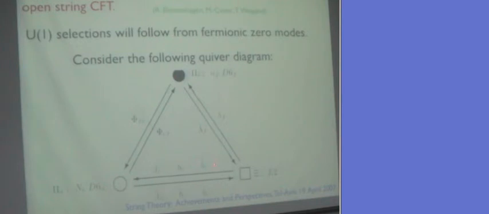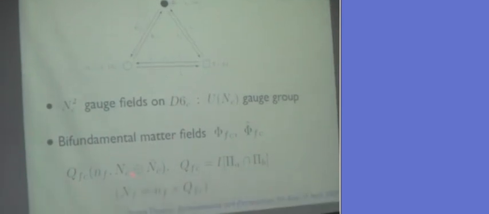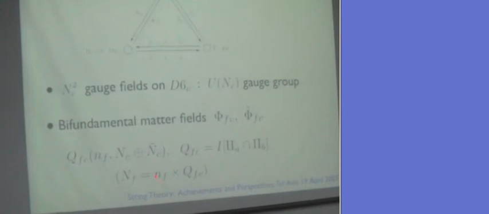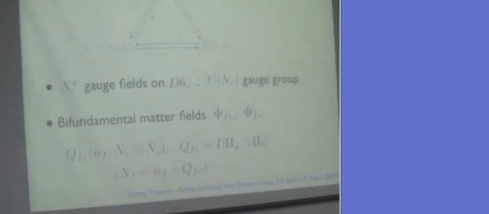And here I have included also some bosonic zero modes, which are in general massive. This I have already explained in words. Now we have the gauge fields on the U(N_C) stack, and we have the bifundamental meta fields, and again the number of them is determined by a chiral index, by an intersection number, times the number of branes here, because these are bifundamental.